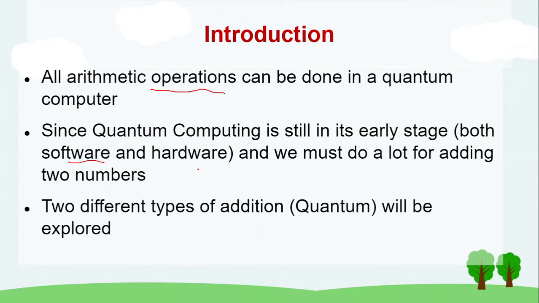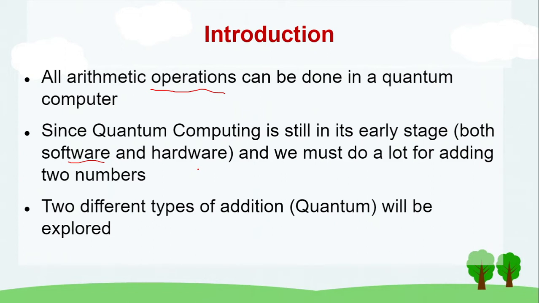Of course, after a few months or years, we won't do this kind of operation because there will be a built-in function, a nice software to handle it, like what is done today, because we really do not know how two numbers are added or multiplied inside a classical computer. We just make one simple statement and we get the answer.